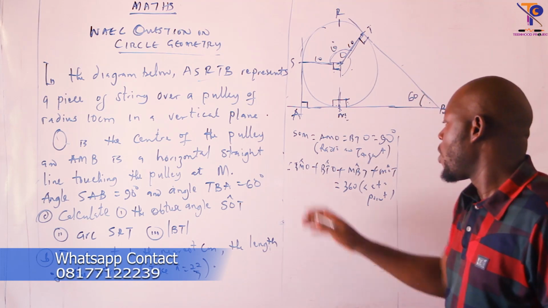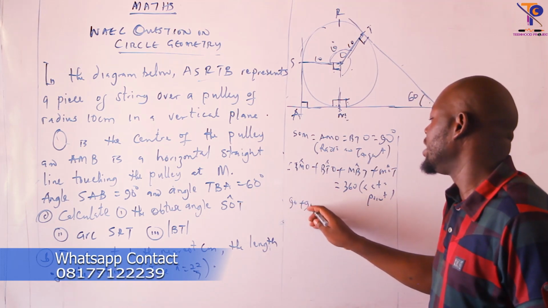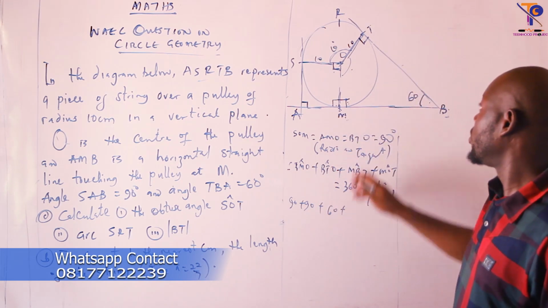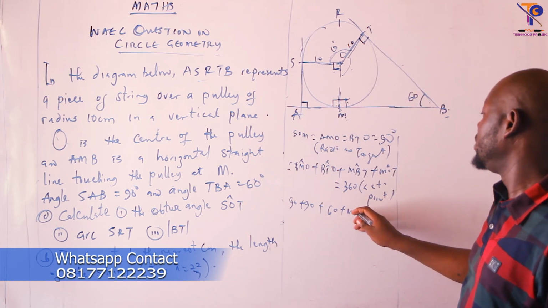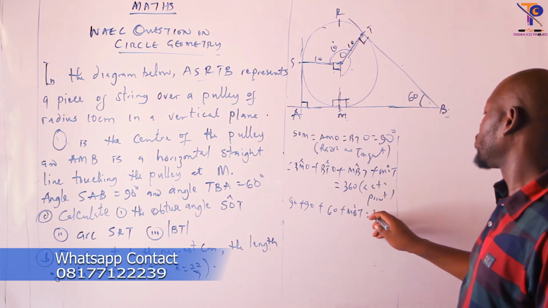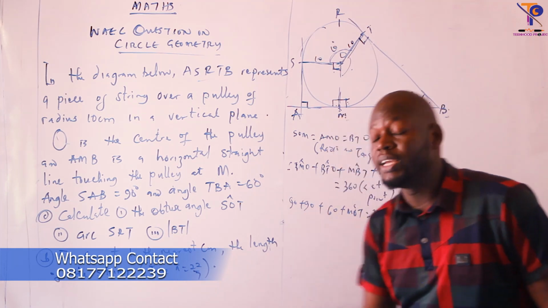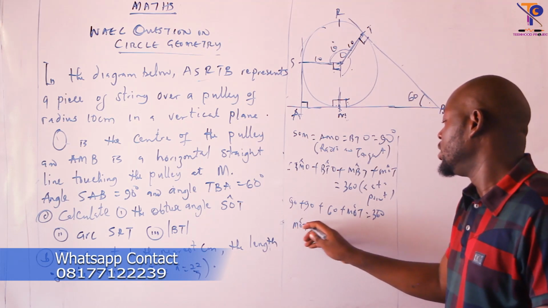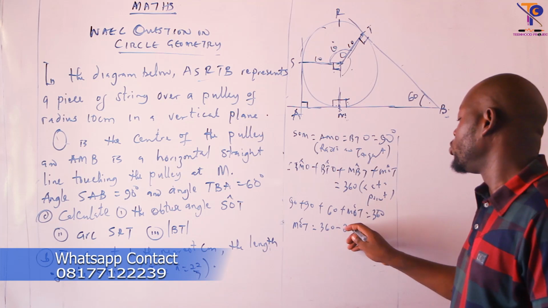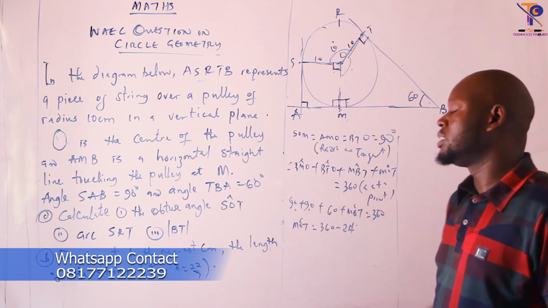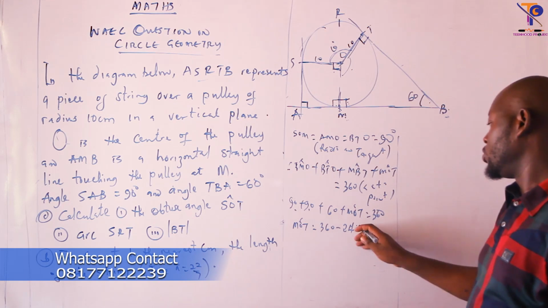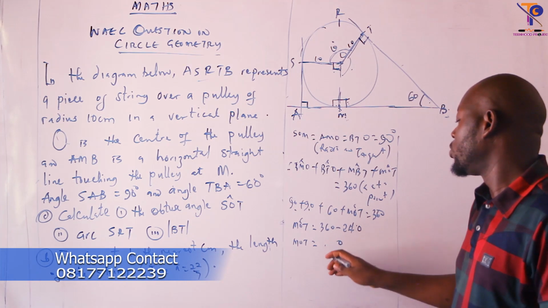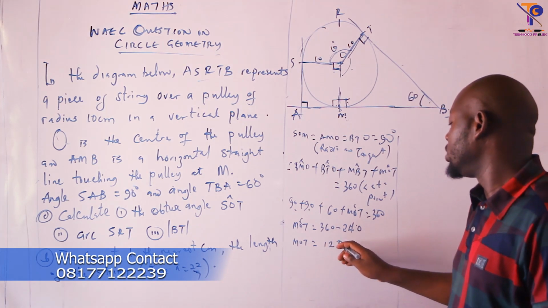So from here we have 90 plus 90 plus 60 plus MOT, which is equal to 360 degrees. 90 plus 90, that is 180. 180 plus 60, that is 240. So we have MOT is equal to 360 minus 240. That is 120 degrees.